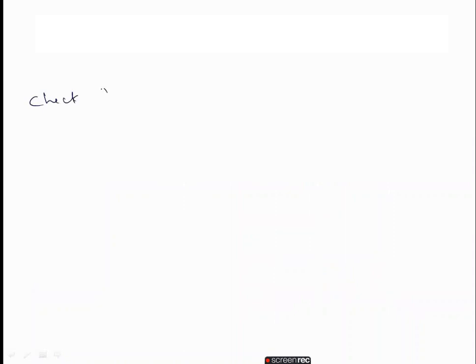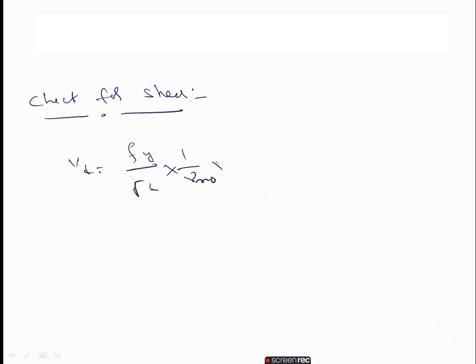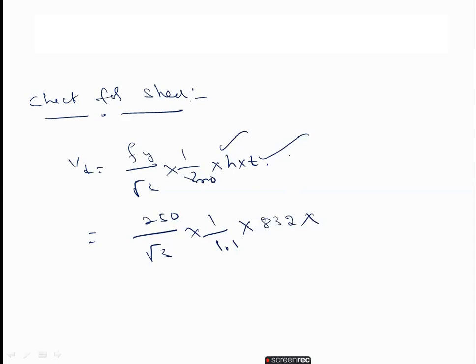First, check for the shear. The formula we already know, we solved many times: fy by root 3 by gamma m0 into h into t. Fy is 250 by root 3, gamma m0 is the partial safety factor, 1.1, and h value we know, the total height, is 832, and t is the thickness of the flange or web, whatever it may be, it is 16.